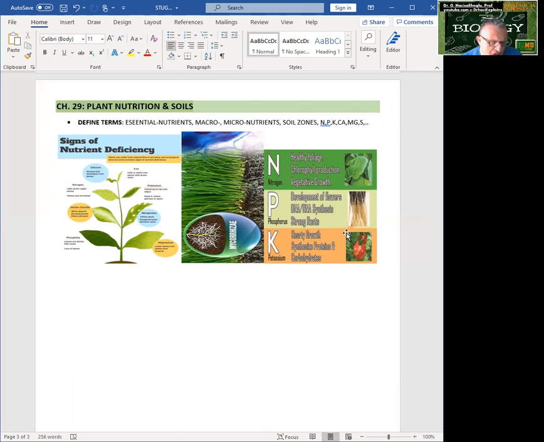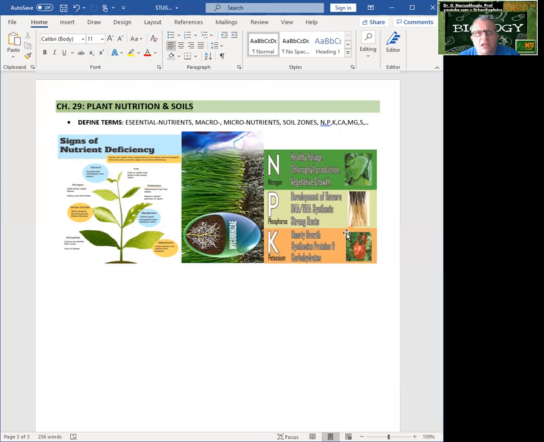Soils are also part of this chapter. We have 17 essential nutrients or elements. 9 of them are the large macro group, which are nitrogen, phosphorus, potassium, calcium, magnesium, sulfur, hydrogen, oxygen, and carbon.